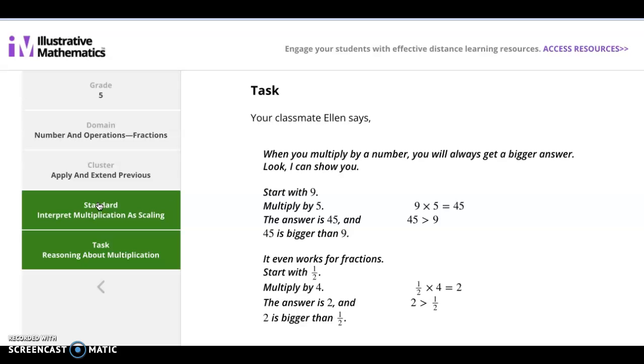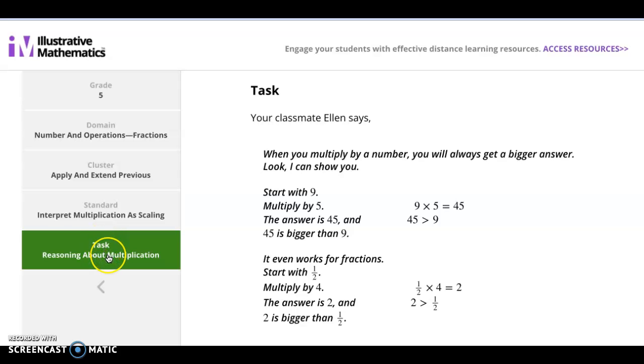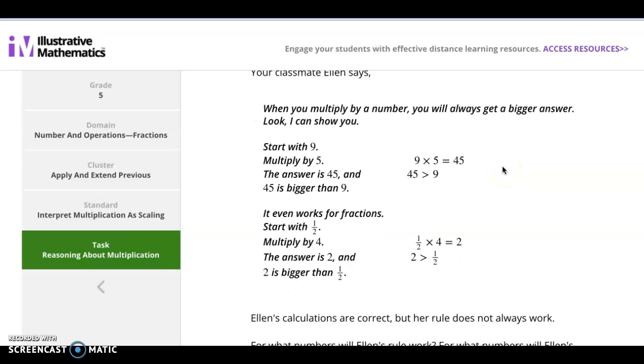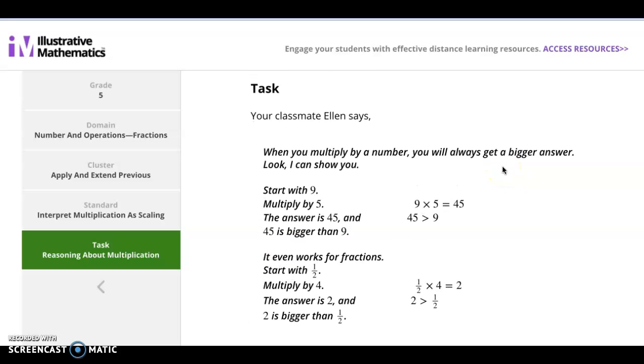Okay, so the task here is reasoning about multiplication. It gives you a task, gives you a word problem, and it works through the word problem. So your classmate Ellen says, when you multiply by a number, you will always get a bigger answer.